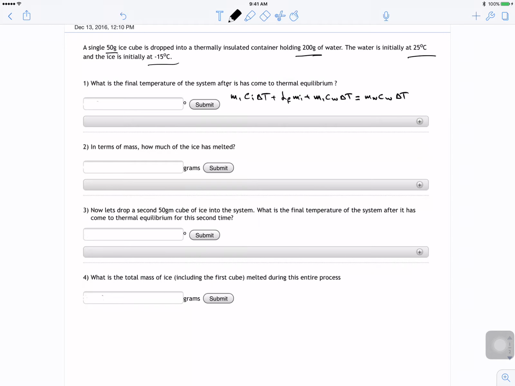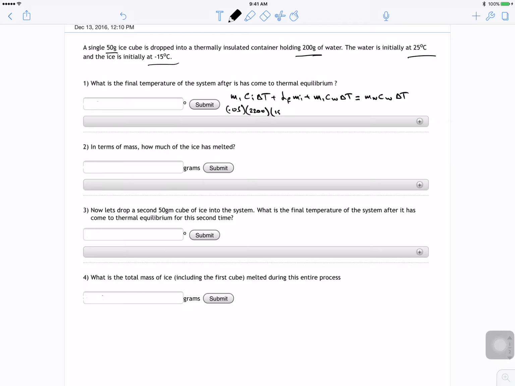Anyway. So mass of the ice is 0.05 in kilograms and then 2200. Delta T, we're looking from minus 15 to 0.